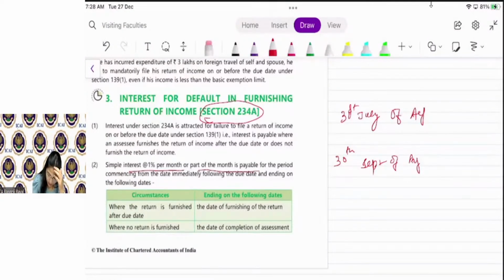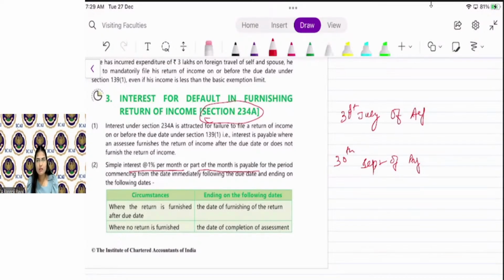I have to pay for the period commencing from the date immediately following the due date, that is from 1st August to 30th September, because I have filed my return of income on 30th September and the due date is 31st July. So after the due date, you have to pay interest under Section 234A at the rate of 1% per month. So in this case, I have to pay 1% interest for 2 months.